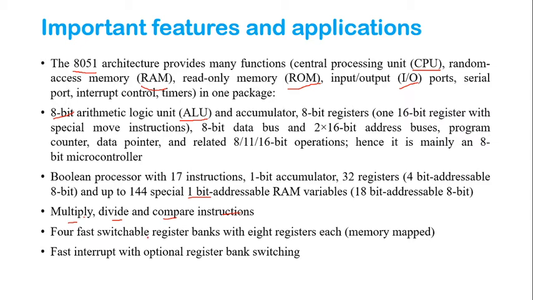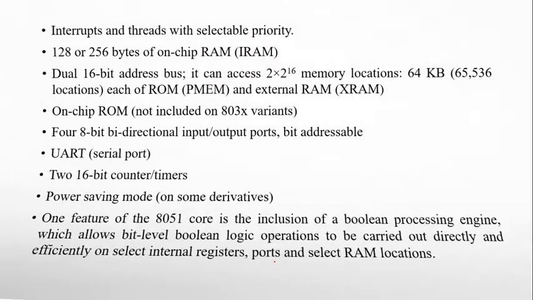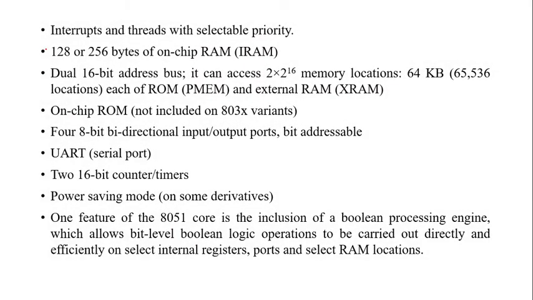Then 4 fast switching register banks, each with 8 registers in the memory map. So in each bank we have 8 registers, and in total we have 4 banks. Fast interrupt with optional register bank switching is also possible in the 8051, along with interrupts with selectable priority.